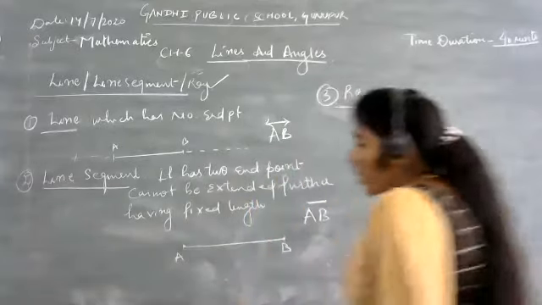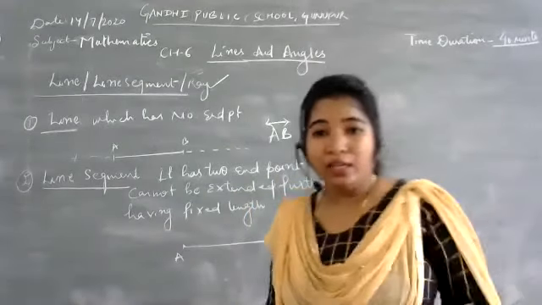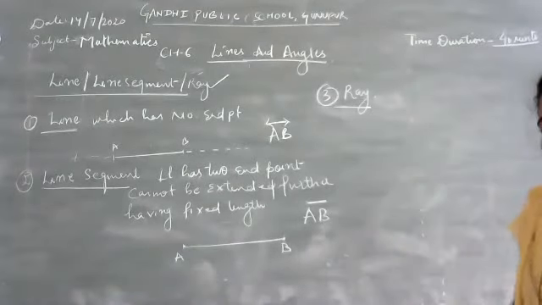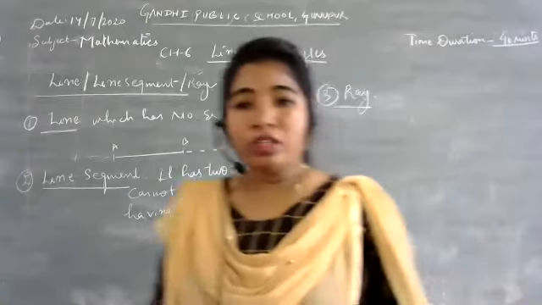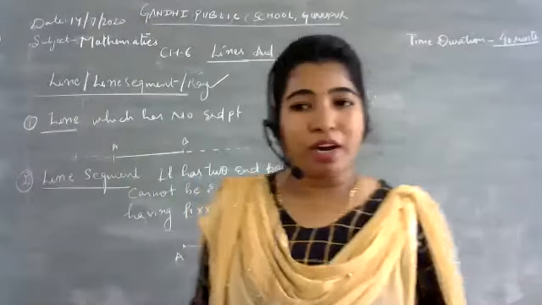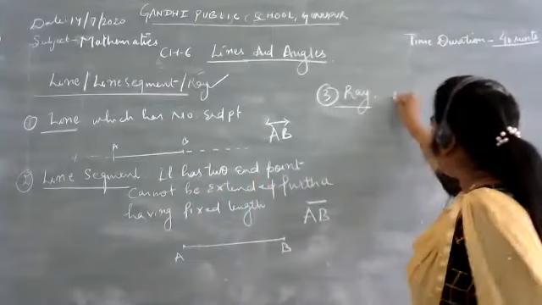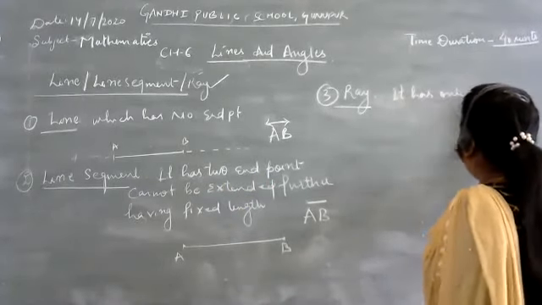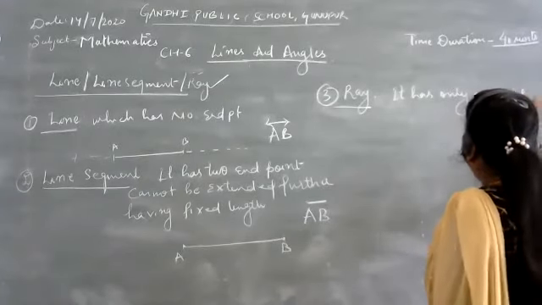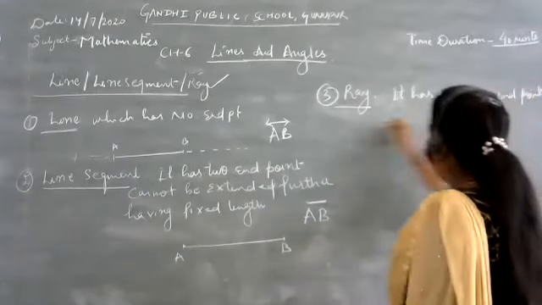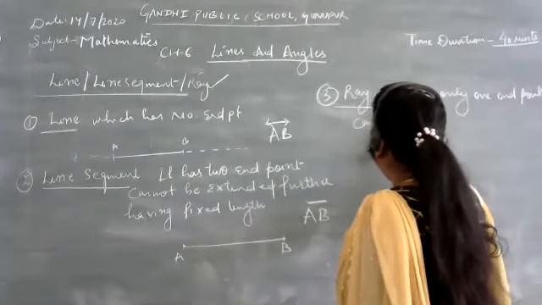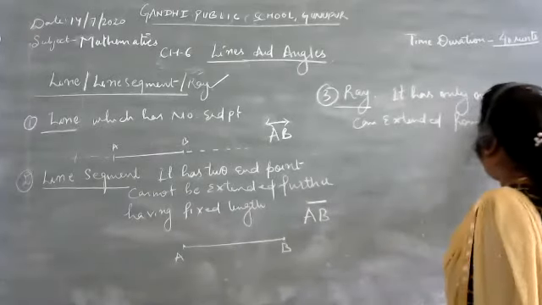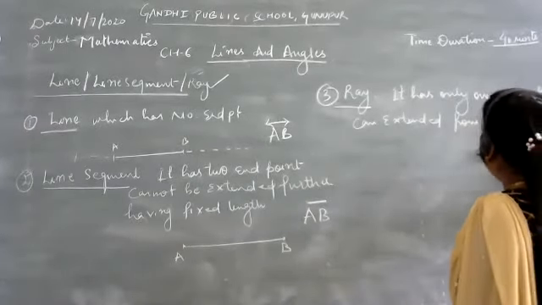What is a ray? A ray has only one end point, and it can be extended from one side only.